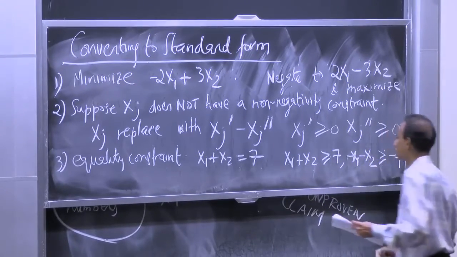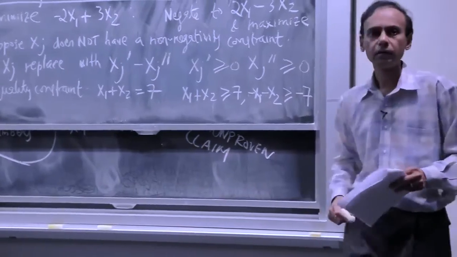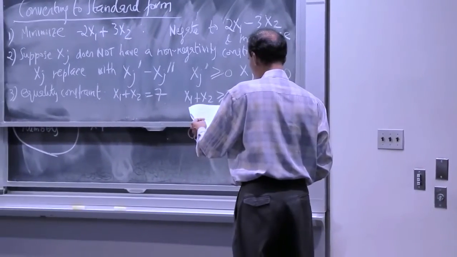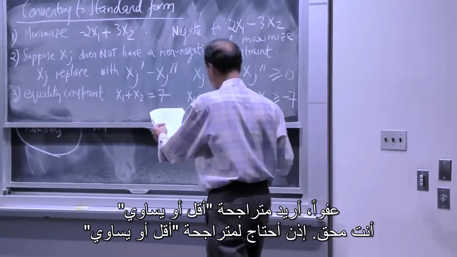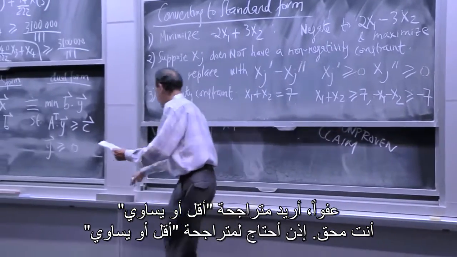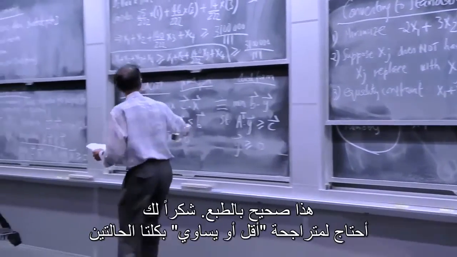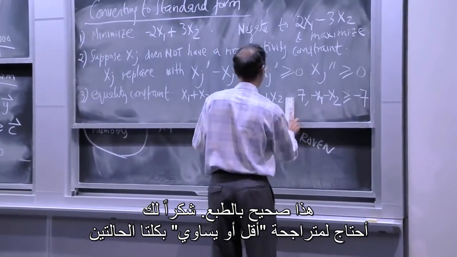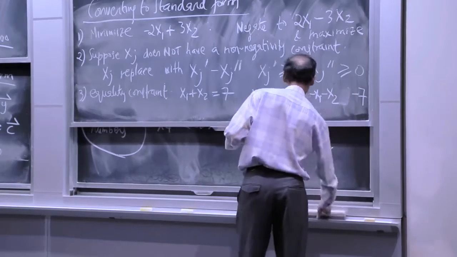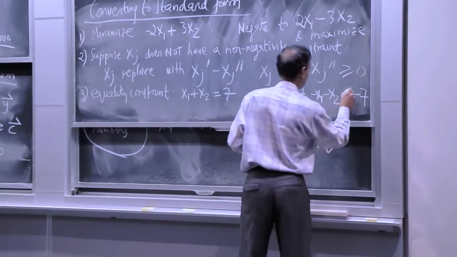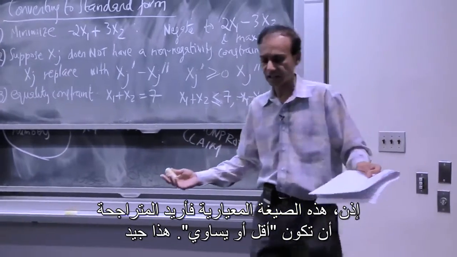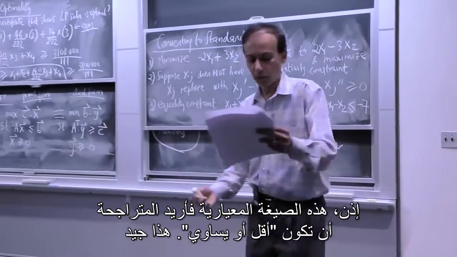Right? Is that right? No? I messed up? Oh, I want less than or equal to. You're right. So I need less than or equal to in both places. Right. All right. So that's the standard form. I needed less than or equal to. Good.